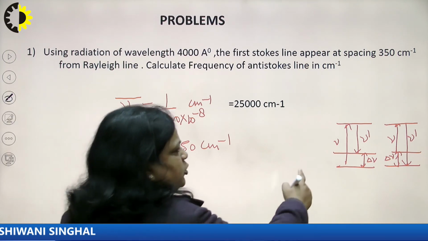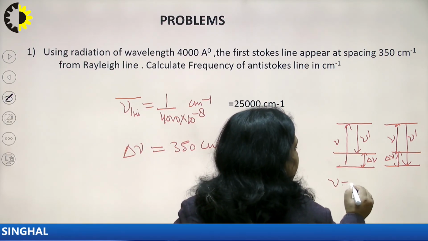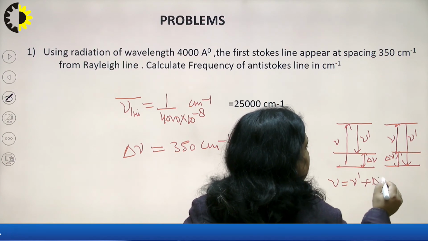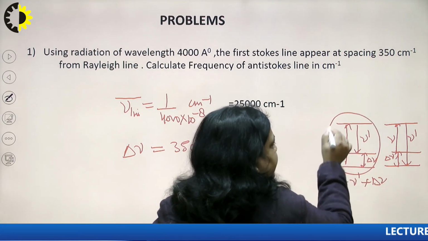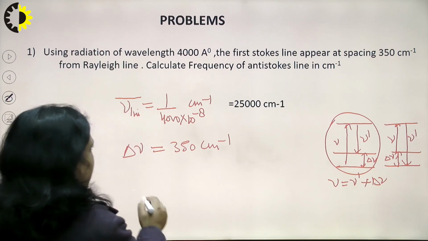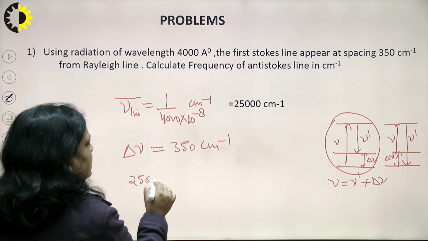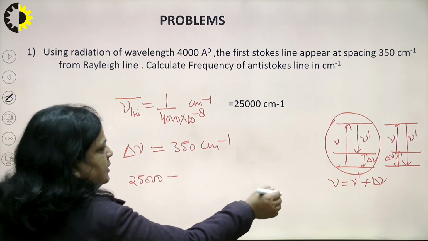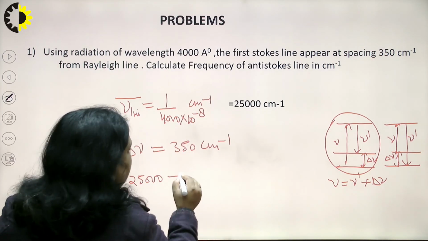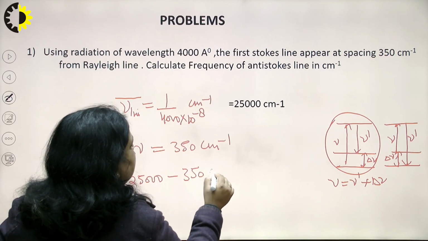In case of a Stokes line, we know that nu is equal to nu dash plus delta nu. From this diagram it is clear, I think. So, 25,000 minus delta nu, which is 350 centimeter inverse.